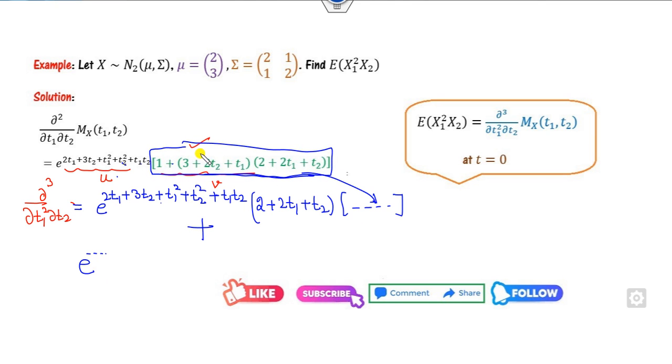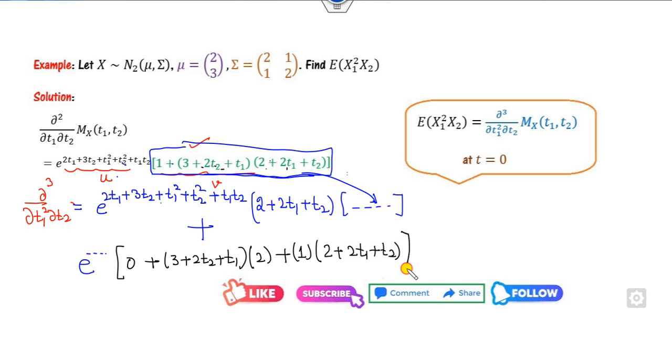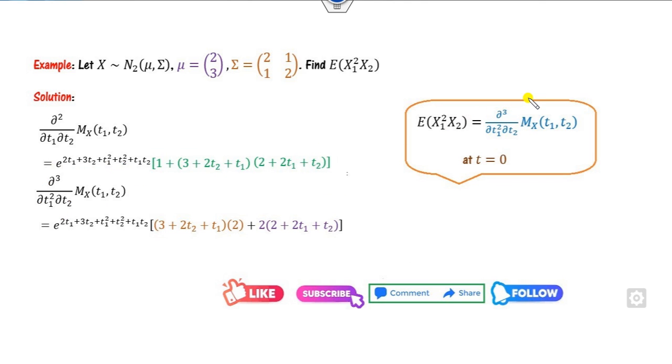How can you differentiate this with respect to t1? So 1 will be 0, again it's a product rule, so it will be 3 plus this into the derivative of this, which is 2, plus the derivative of this with respect to t1 is 1, plus 2 times this value. Fine. This is the function value of this quantity.